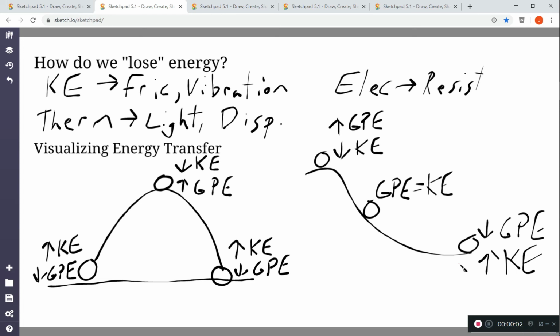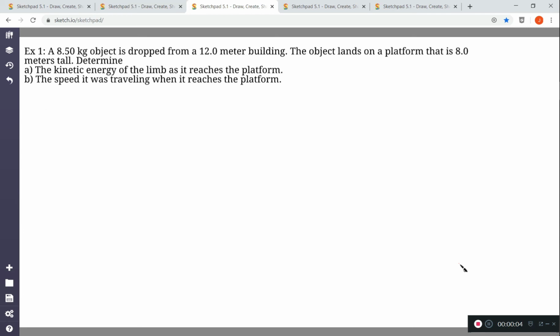So let's move on to some examples of modeling this mathematically. In this first example, we have an 8.50 kilogram object dropped from a 12-meter building, lands on a platform that is 8 meters tall. So there's two ways to do this problem, and it is based on how we set up our reference frame.